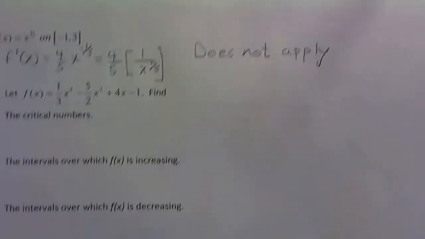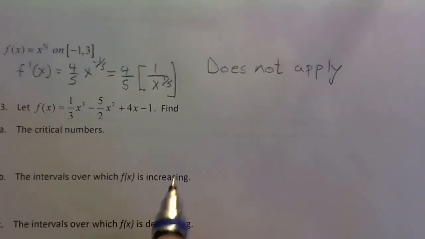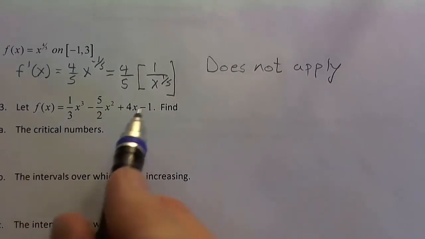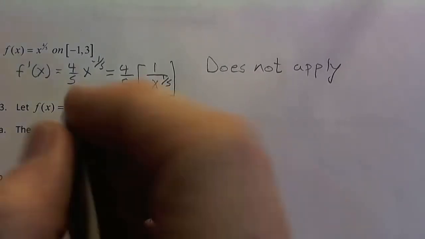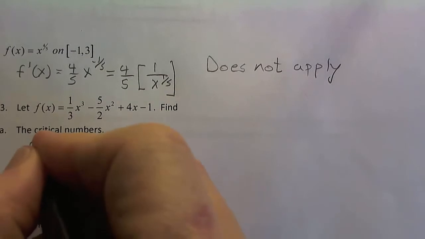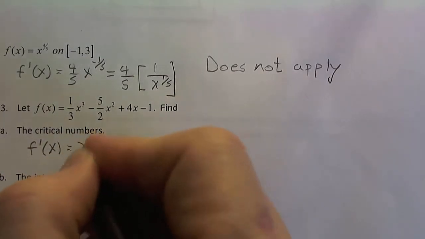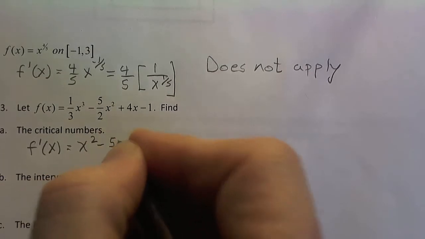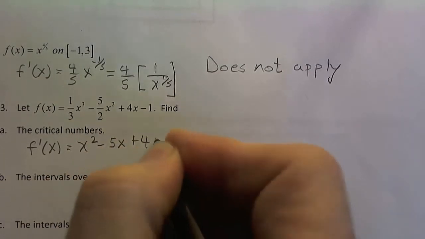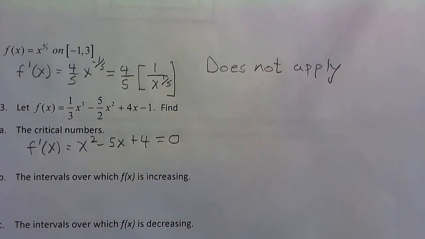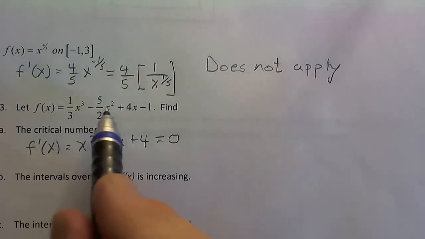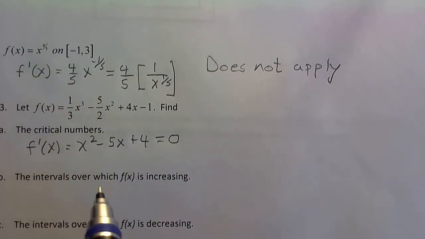Okay, now let's go through and see what we can do with this function. We've got a function and we want to find the critical numbers. Okay, the critical numbers we find by setting the derivative equal to 0. So we want to take the derivative of this function, which is an easy one, and just set it equal to 0.